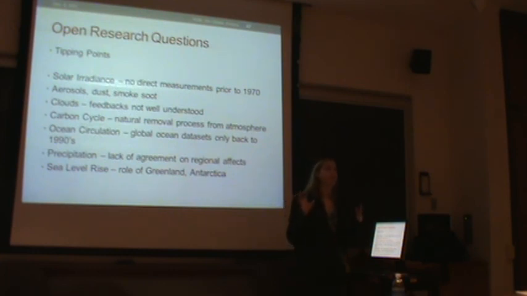Precipitation. I showed you some images of drought in the Southwest, and then I showed you those trees that had too much precipitation, which caused fungus to grow and killed off this forest. So those precipitation effects and how they differ in different regional areas is a big area of research.